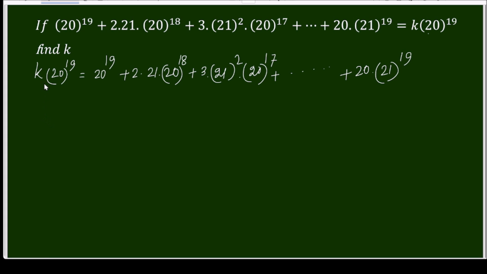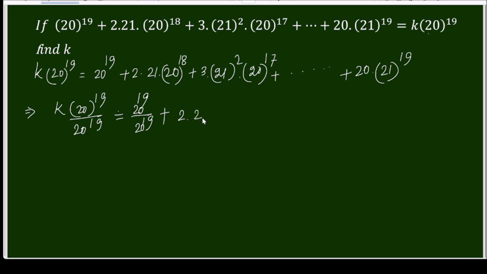To separate k, I'll divide by 20^19 on both the left side and the right side. So on the left side I'll get k × 20^19 over 20^19.